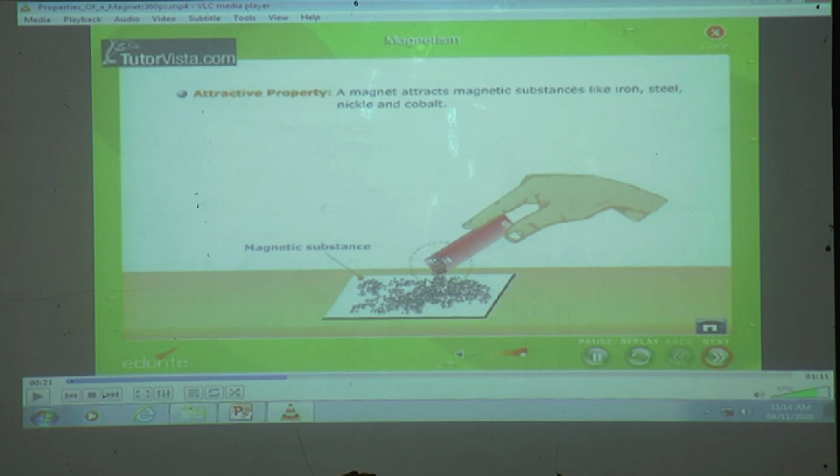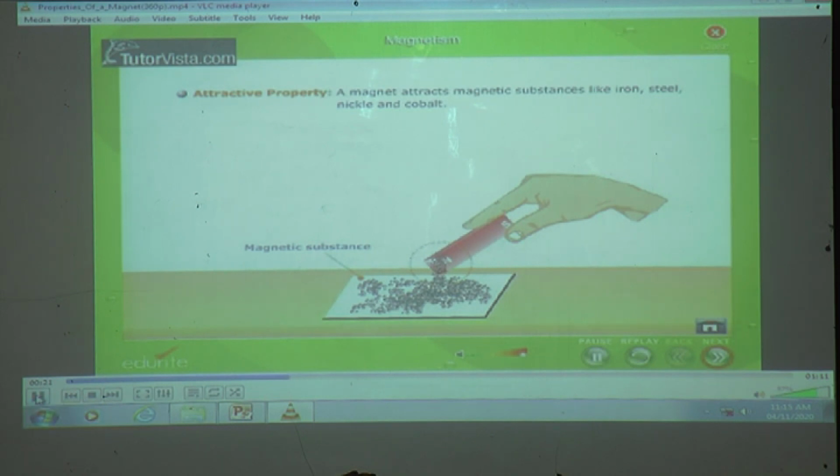So this is the property which is used to separate magnetic and non-magnetic substances if they are by mistake mixed with each other. If we have to separate magnetic and non-magnetic substances, at that time we can use a magnet by using its property of attracting magnetic substances towards it. Okay, so this is the first property.